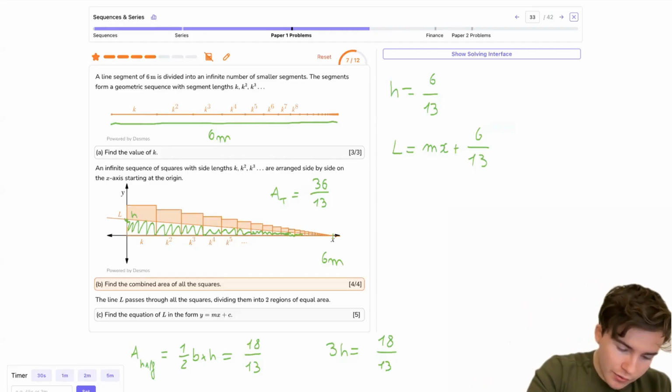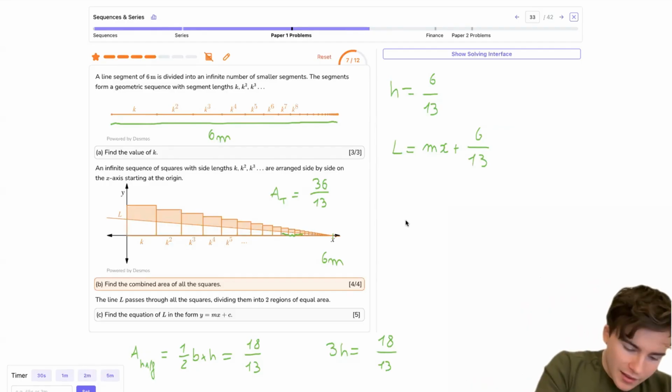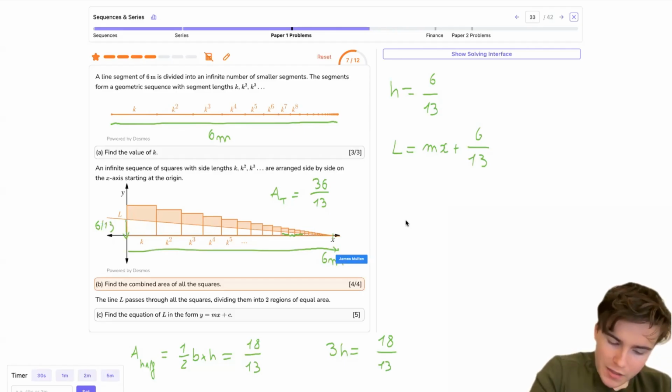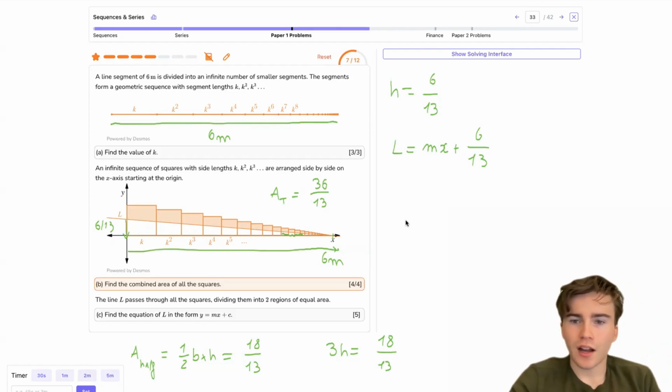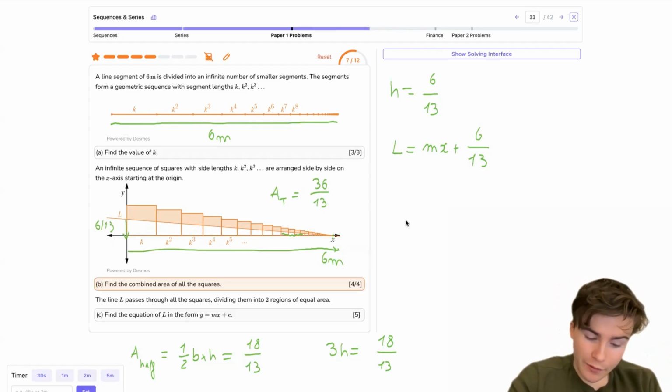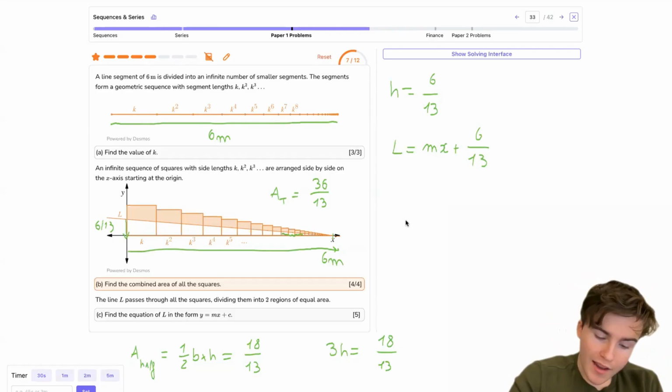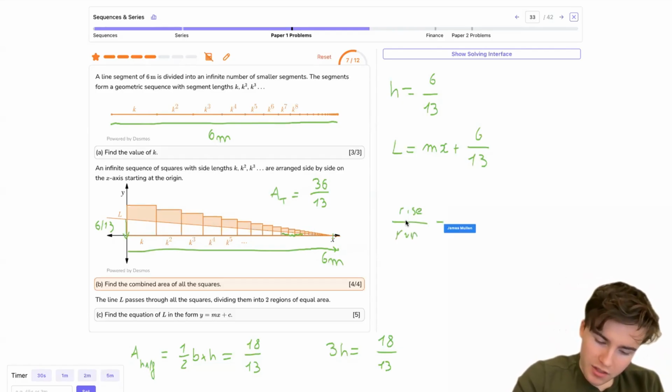I'm going to try and erase a little bit. When I move down this line, I'm going down 6 over 13, and I'm going across by 6 meters, or 6. Okay, so that means that I have a rise over run. My rise is negative 6 over 13.